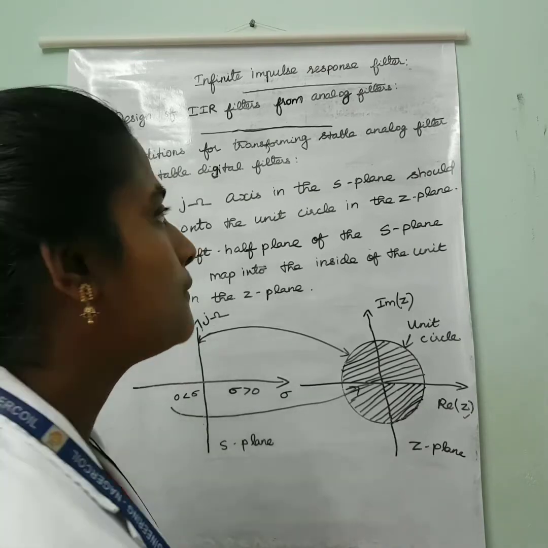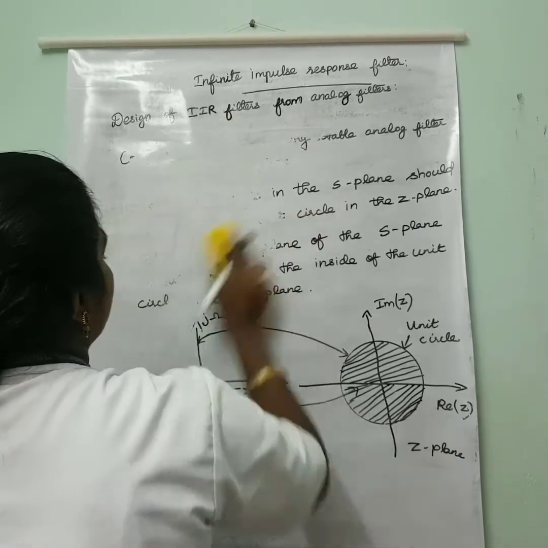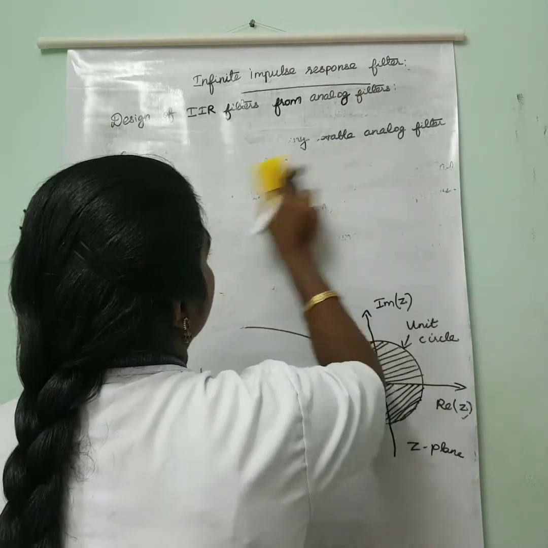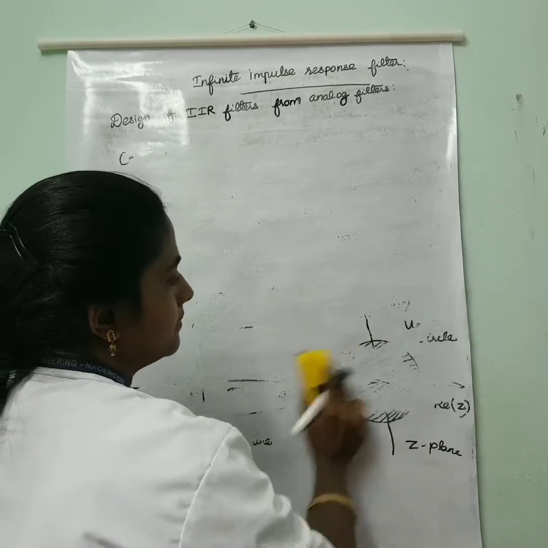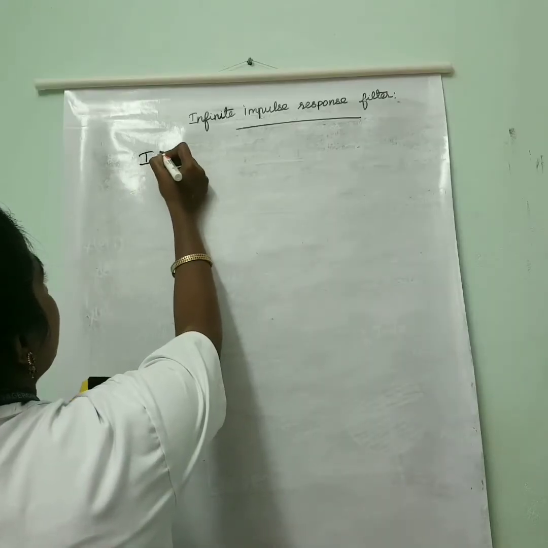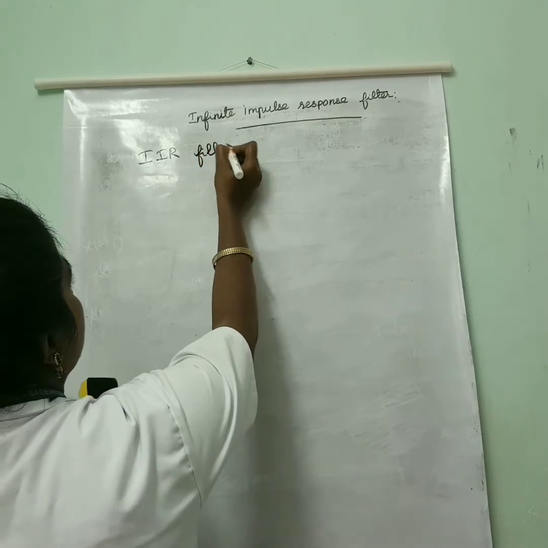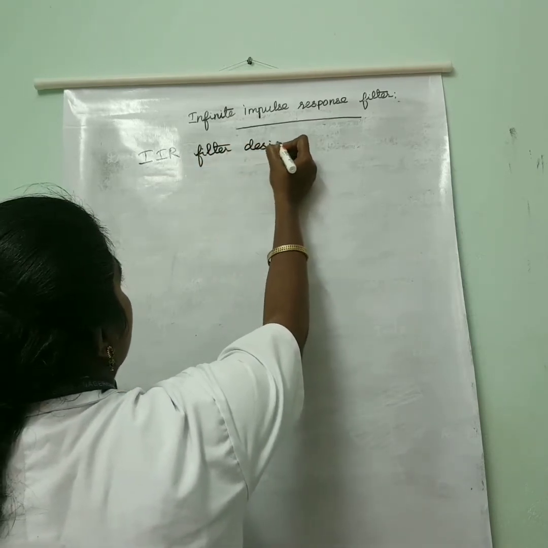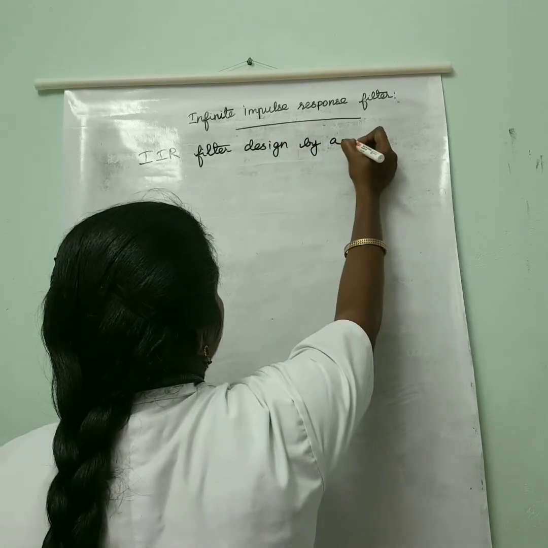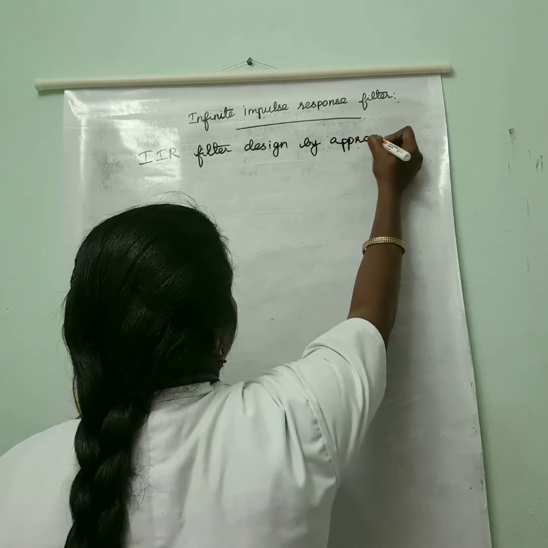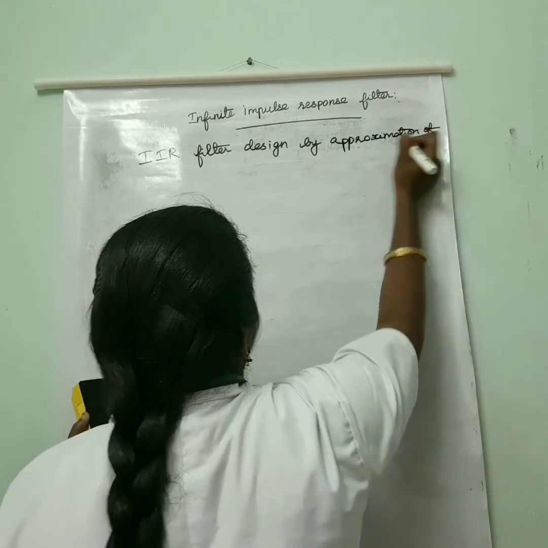Now we can see the first method, the IIR filter designed by approximation of derivatives.